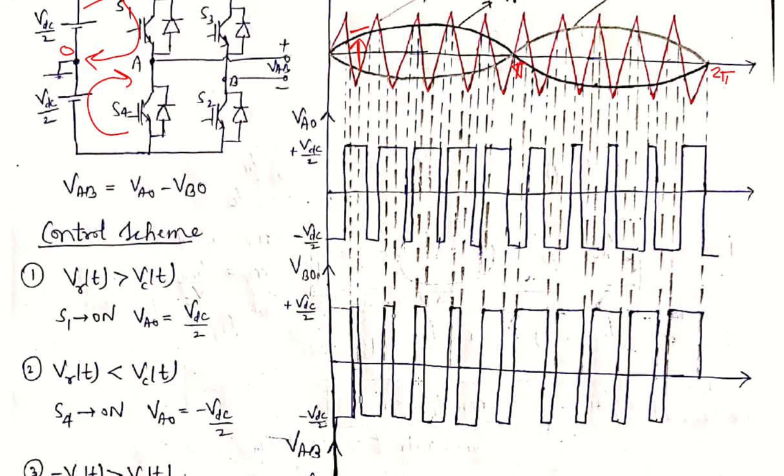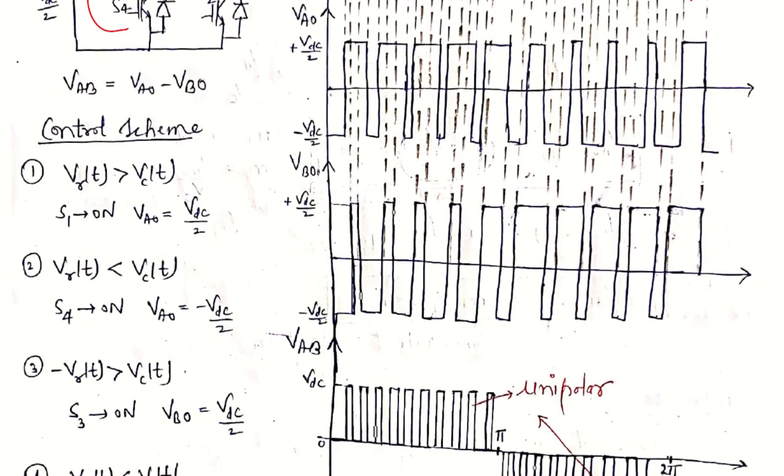And now we will obtain the VAB, which is the line voltage, VA naught minus VB naught. So how will we obtain it? We subtract the VB naught waveform from VA naught to obtain the line to line voltage. This is the part that will be drawn with a dash line, and if we subtract this part from this whole VDC by 2, then we will obtain VAB.